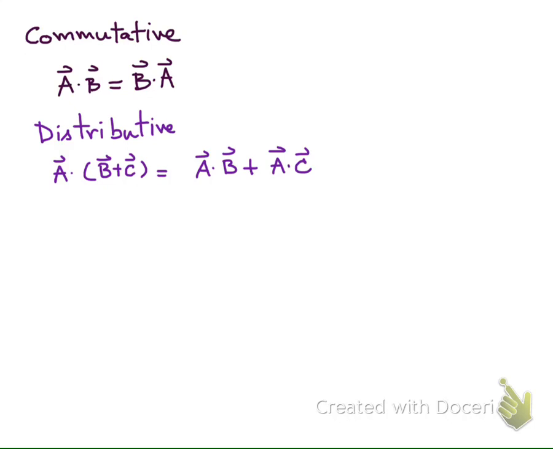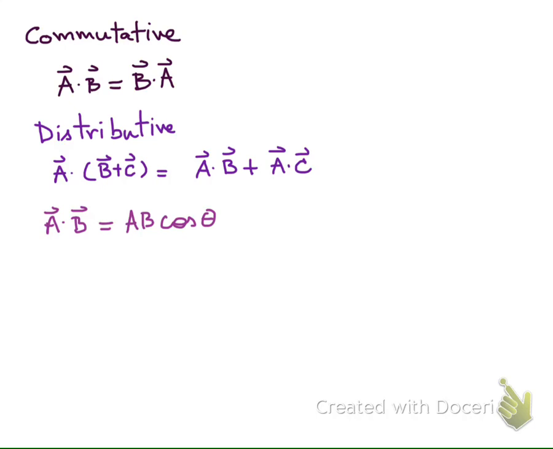And from the definition, A dot B is equal to AB cos theta, where A and B are the magnitudes of the vectors A and B, and theta is the angle between these two vectors.